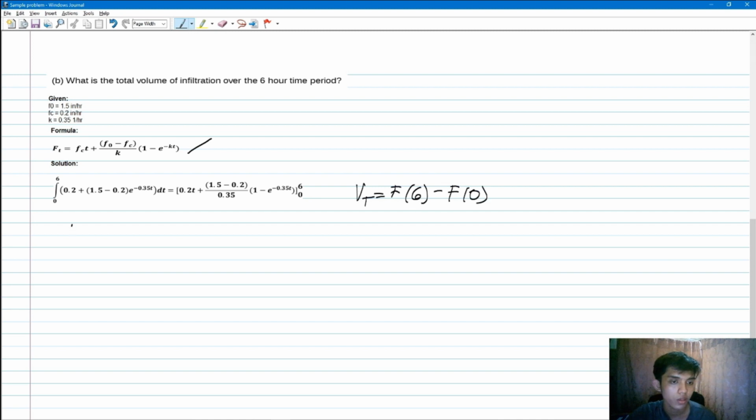First, when t is equal to 6. So F of 6 is equal to 0.2, and our t is equal to 6, plus (1.5 minus 0.2) over 0.35 multiplied by (1 minus e raised to negative 0.35t), where t is equal to 6.